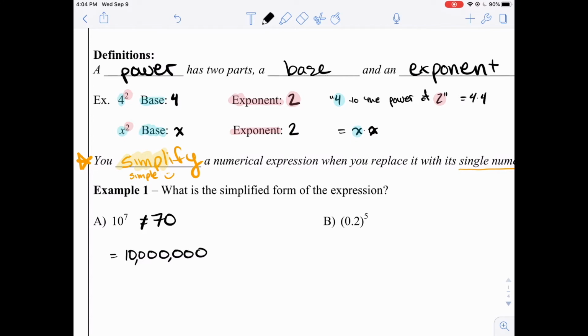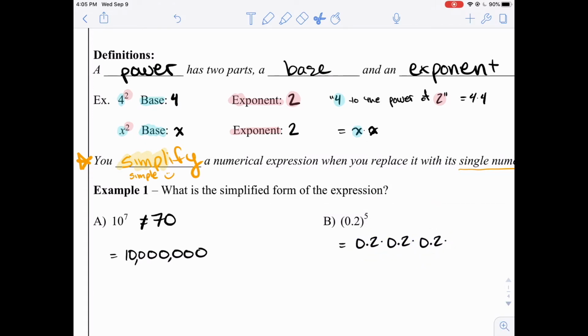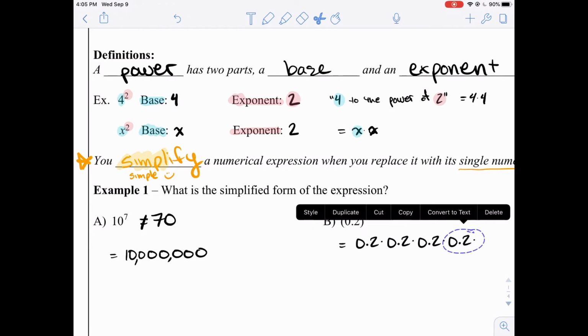And this one is 0.2 times itself 5 times. Just give me a second, I'm going to copy them over. 0.2, 1, 2, 3, 4, 5.